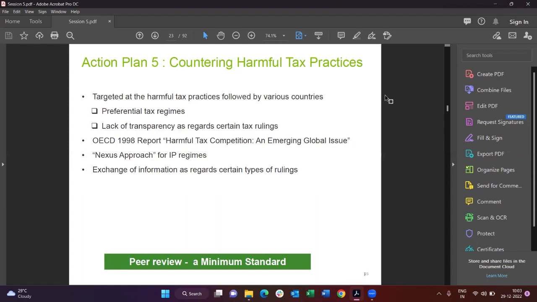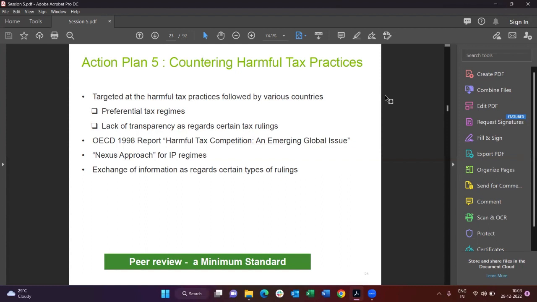So to limit this, the nexus approach was brought, which said that where the research and development activities are done, where the IP rights are protected, where the activities regarding the development and management of IP are conducted, there it should be taxed, and accordingly the income should be split by the ratio and taxed appropriately.